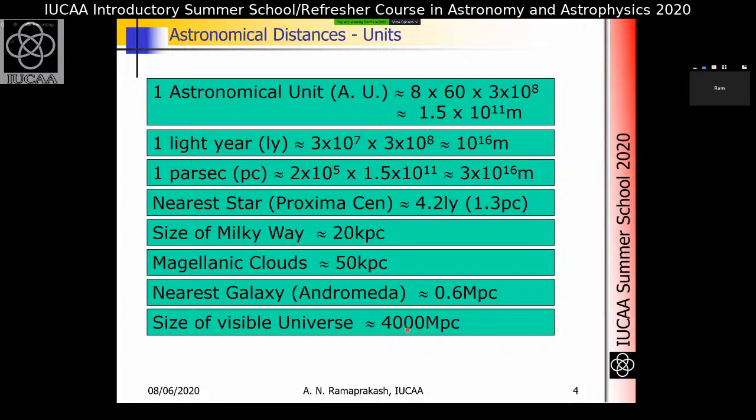It is 4 gigaparsec, 4,000 megaparsec. So from interstellar distances to the size of the galaxy, to the distance to the nearest galaxy, to the size of the visible universe, at each stage you are adding factors of 1,000. And already these distances of 1 parsec are enormous. So our universe and the celestial objects in it are distributed in a very, very vast space.